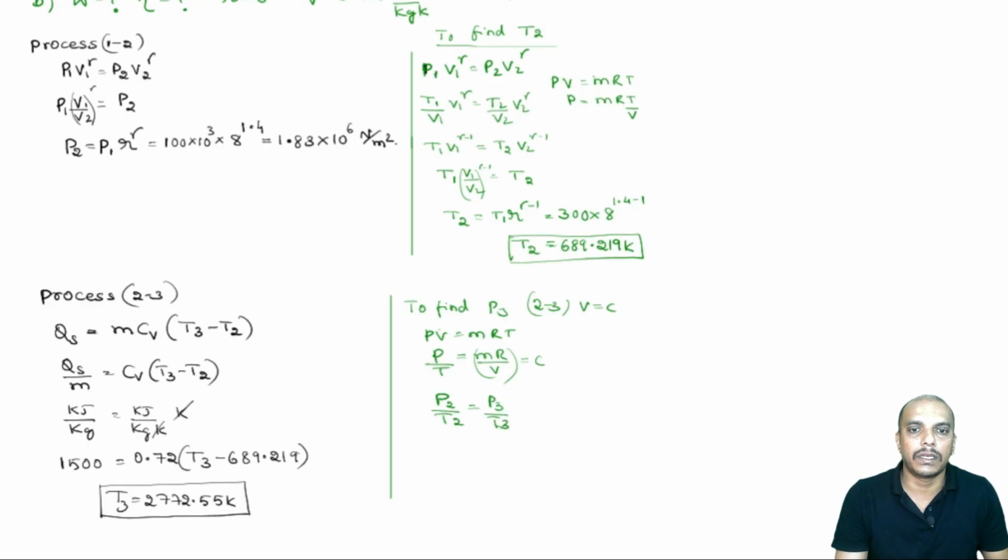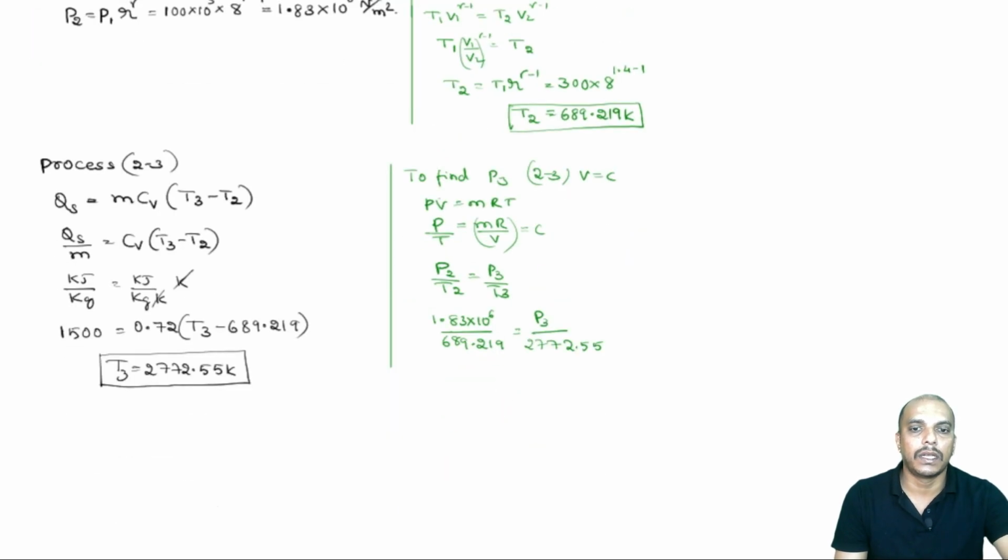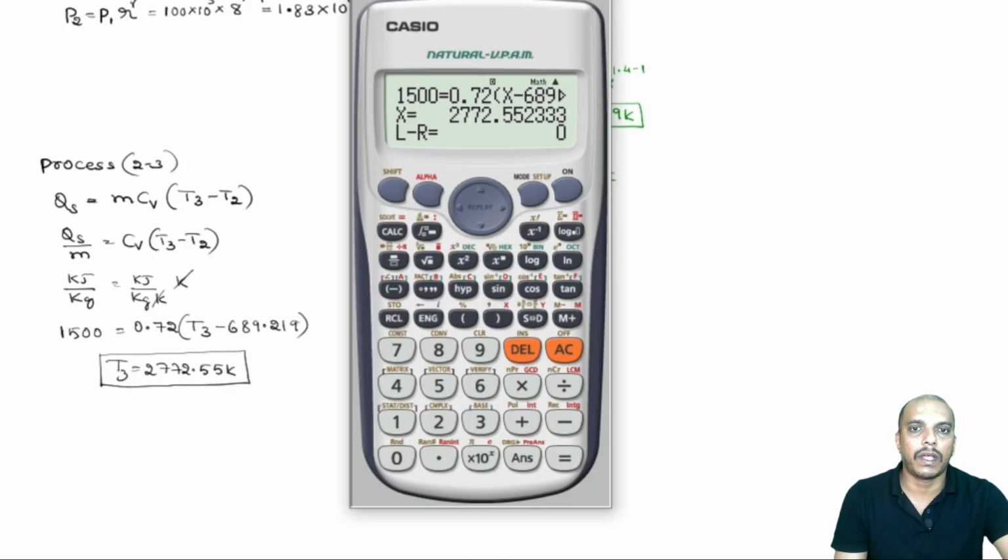All right. Now I think we know P2, 1.83 into 10 power 6. T2 we know, 689.219, and P3 is the unknown and we know T3 is 2772.55. The only unknown is P3. Now let us find out the value of P3.